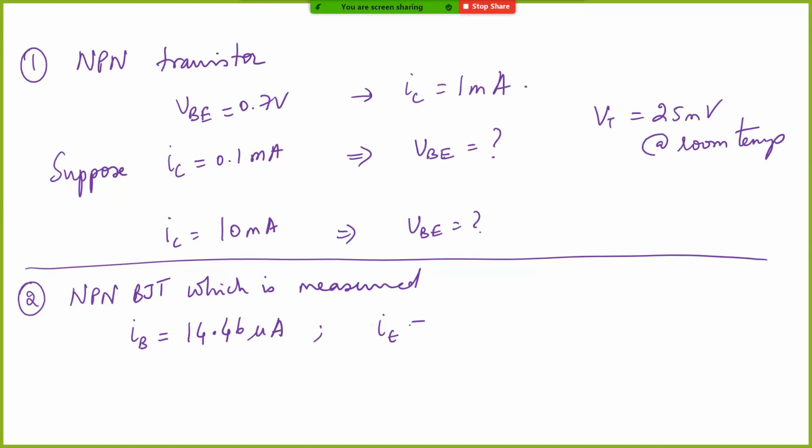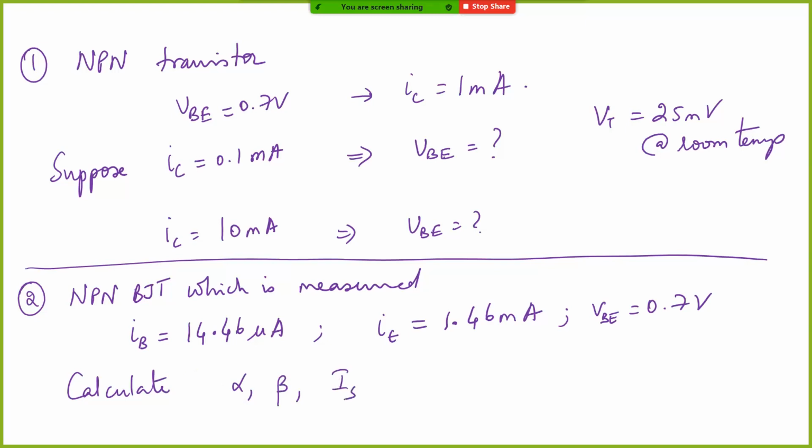The emitter current is measured to be 1.46 milliampere. And the VBE was measured to be 0.7 volt. Now you can calculate alpha. Just write it as calculate alpha, calculate beta, and calculate IS.